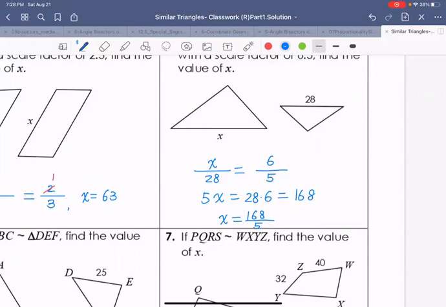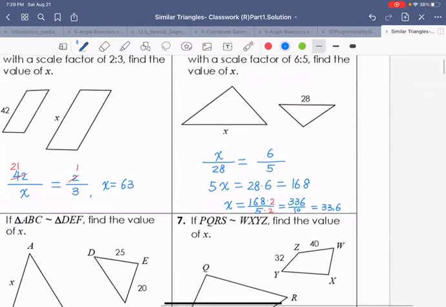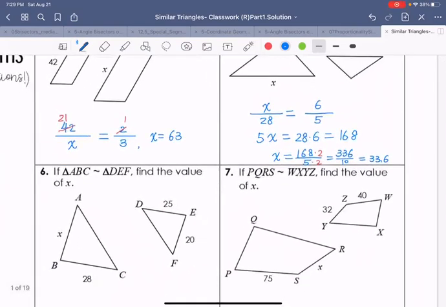If you divide by a number like 5, you can do this shortcut by times 2 on top and the bottom, okay? And then this guy times 2, divided by 10. So you can easily figure out this is 33.6, okay? That makes sense? Yeah.